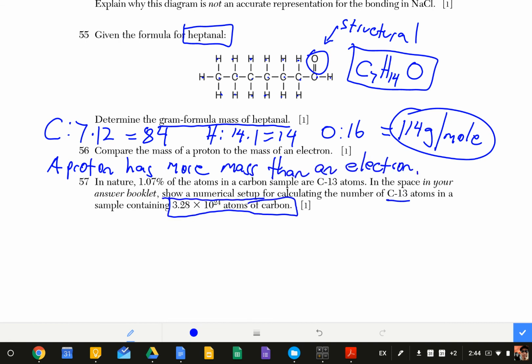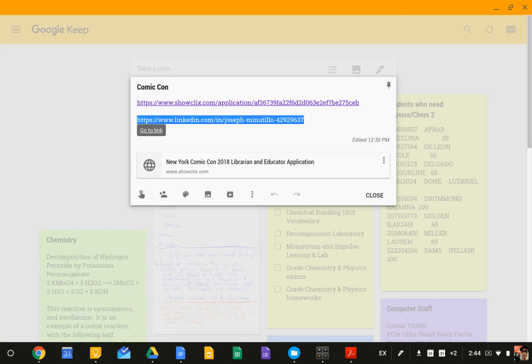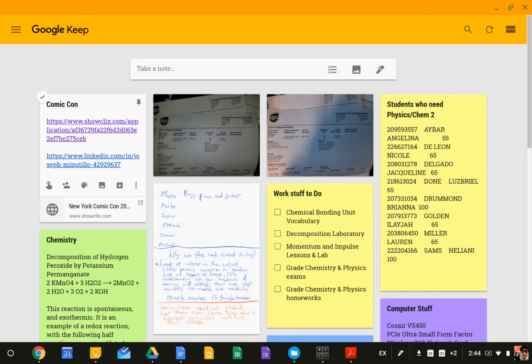Okay, this is the same thing as saying, out of 100 apples, 1.07% of the apples are yellow apples.